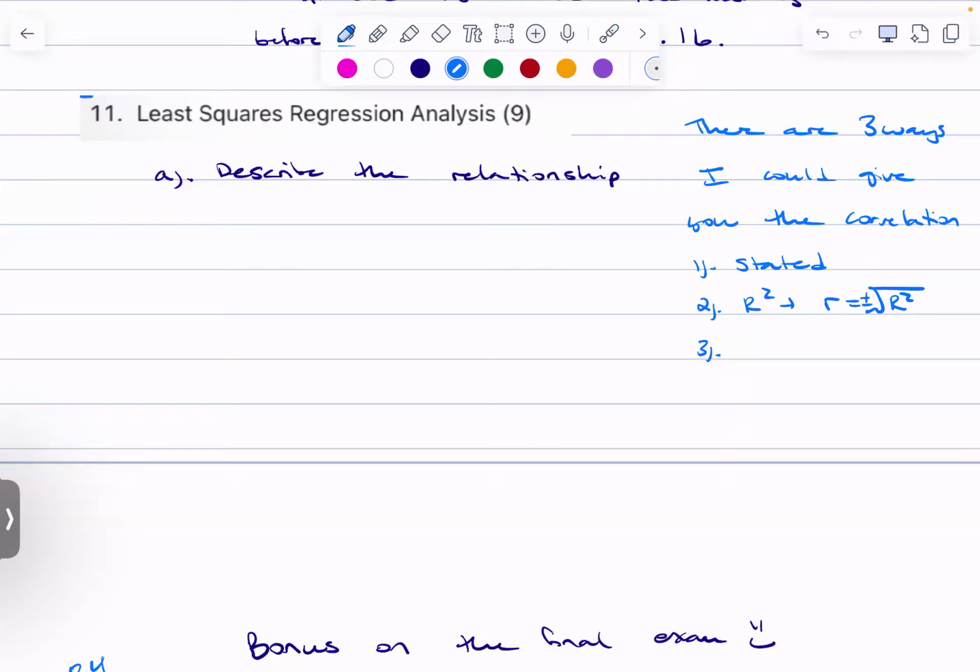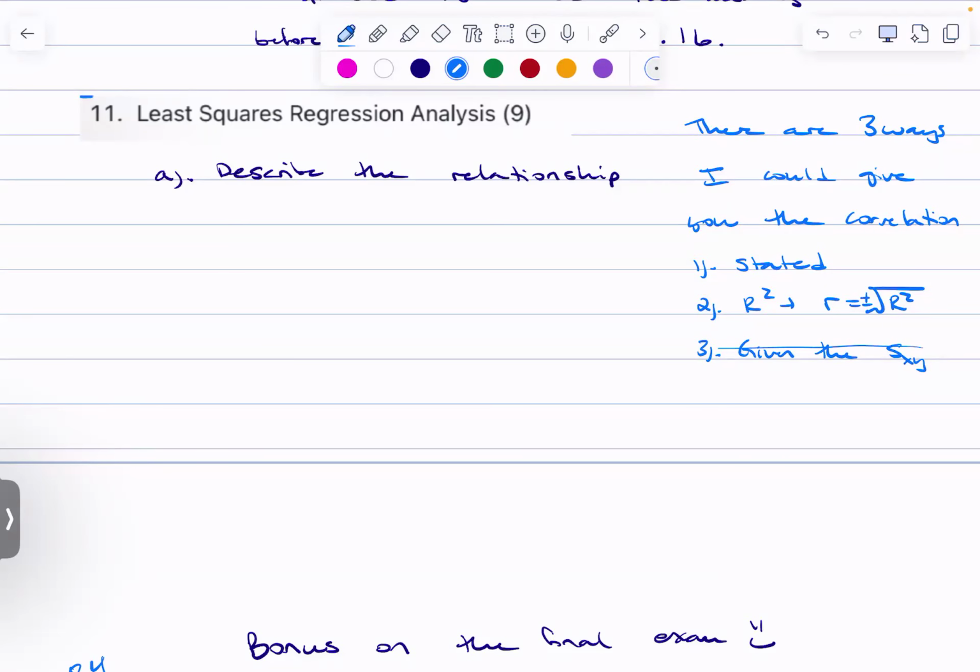And this one we're not doing, but I could give you, given the covariance SXY, but I'll put a faint line through that because we're not doing that. So either I could state it or I could give you the R squared.